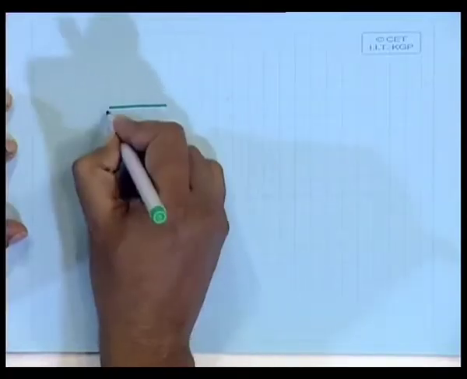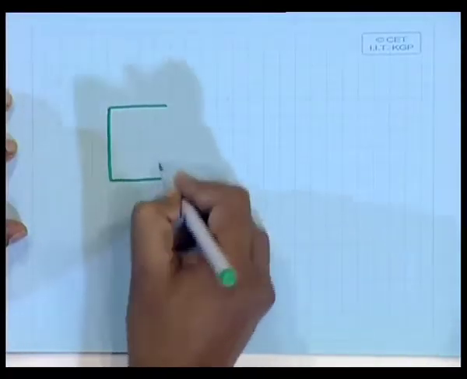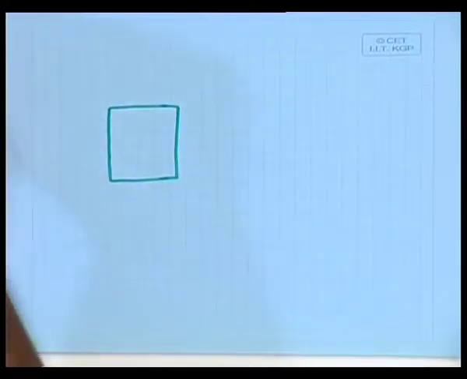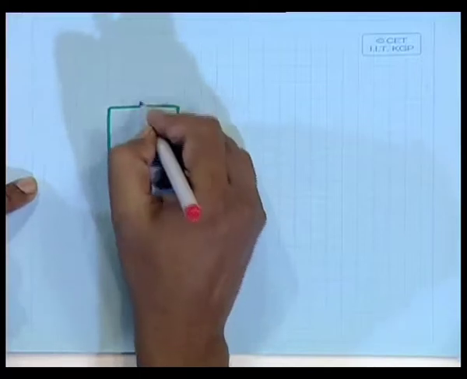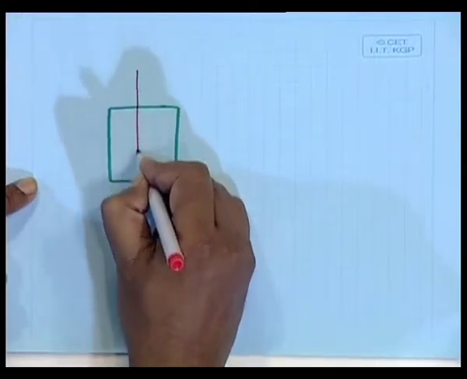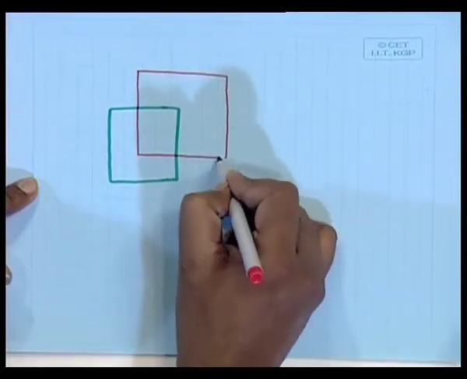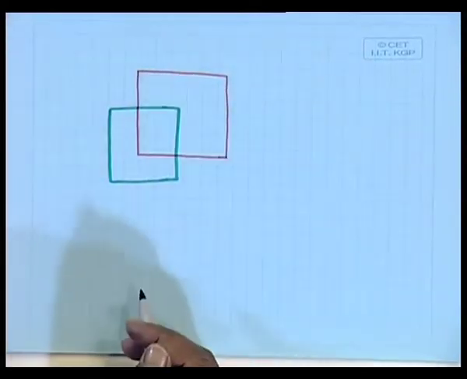So, what we have seen so far is that I can have either an overlap of this form, that is, I have a hyperbox of one class, I have a hyperbox of another class, and these two hyperboxes overlap. Okay.